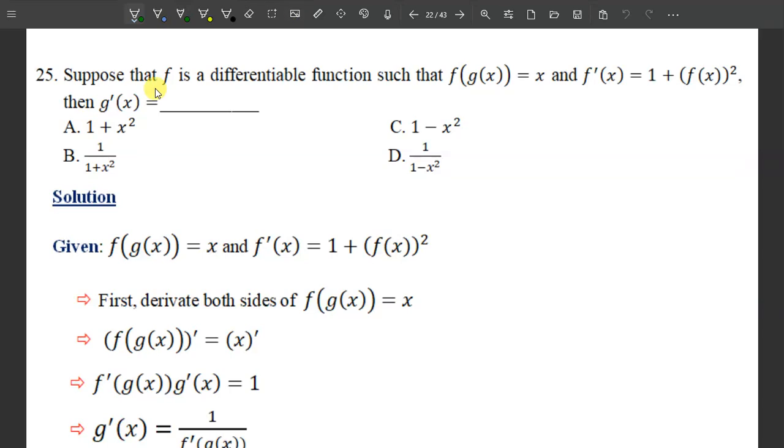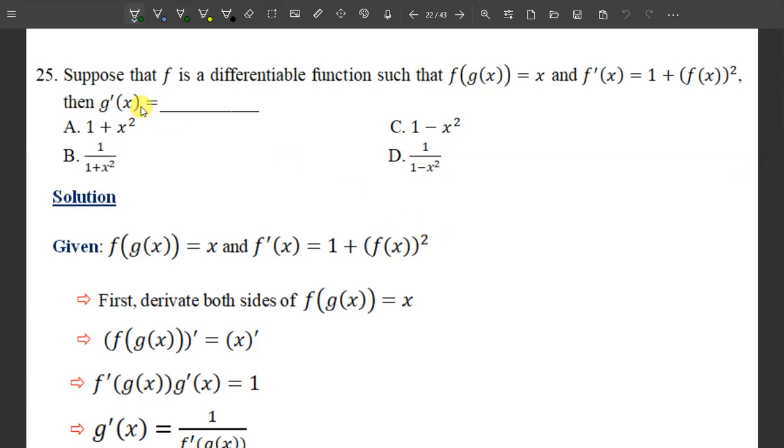Then g prime of x is equal to, that is what the question says. Find g prime of x. Now, what is given? First, f of g of x is equal to x is given, and f prime of x is equal to 1 plus f of x the whole squared is also given.